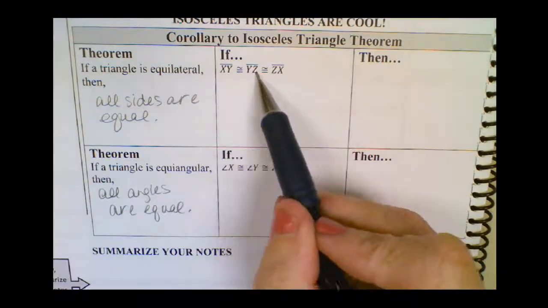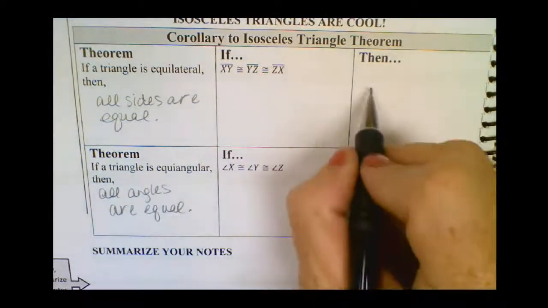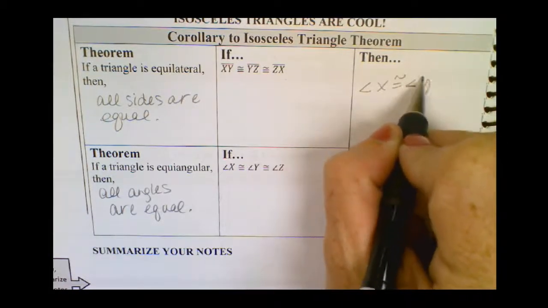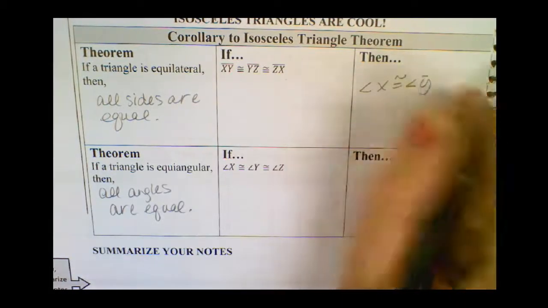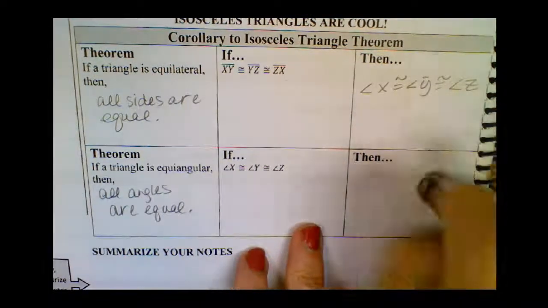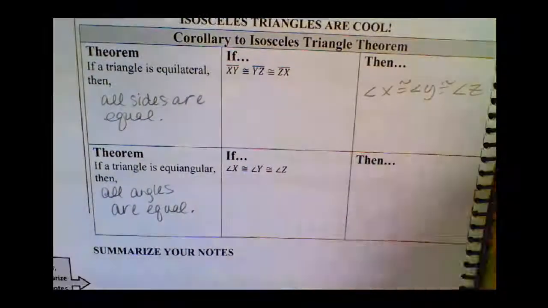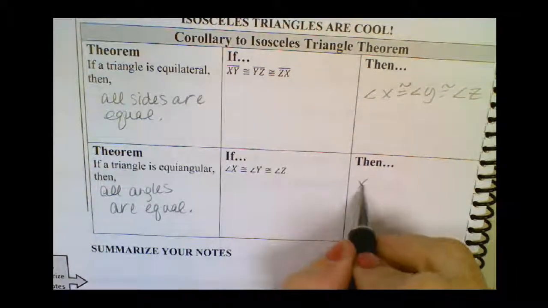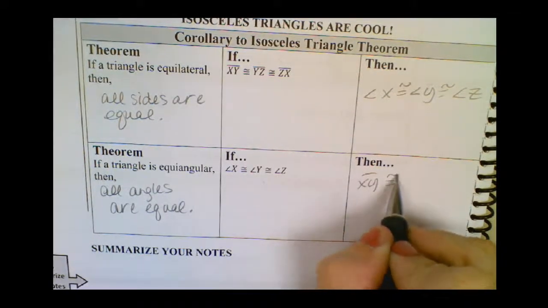So if our sides are equal, then it means our angles must be congruent to one another also. And by the same token, if our angles are equal, then our sides must be equal or congruent.